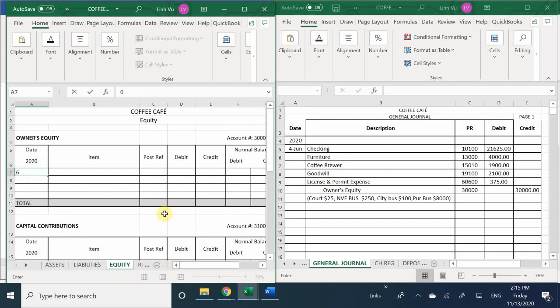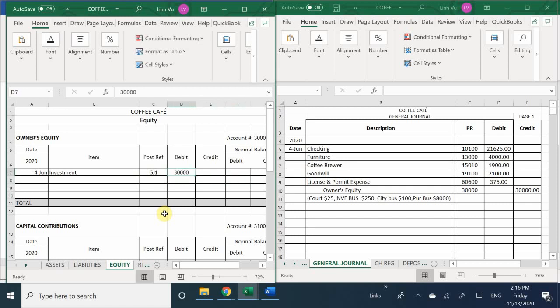So I'm going to go ahead and write the date. In my item, I'm going to write investment. This is how much I invested in my company. General journal number 1. Because I invested $30,000 in my company, that is what my current amount is going to be.